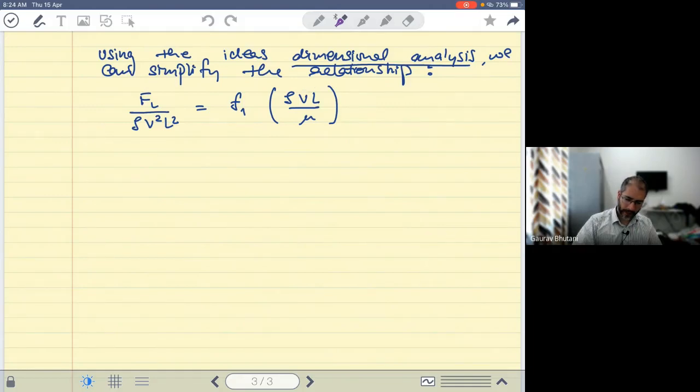Okay, I can actually tell you what these quantities are called. They have a name. So this thing is called the lift coefficient. And this thing is called the Reynolds number.